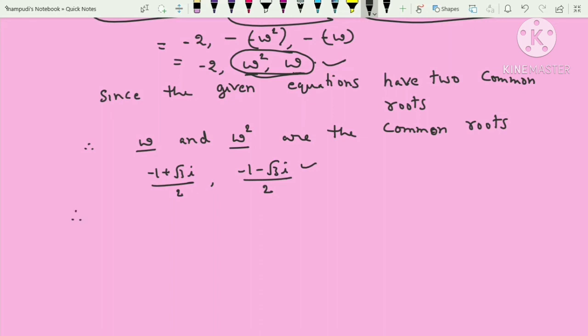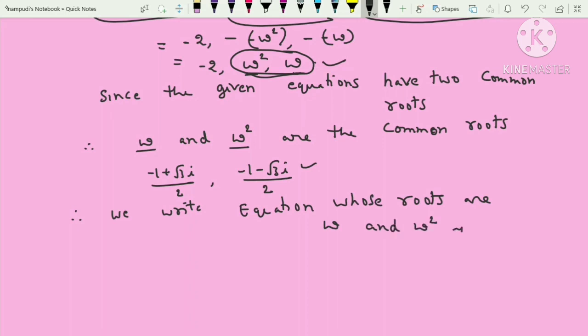So the equation whose roots are omega and omega square is x square plus x plus 1 equal to 0. Compare this with ax square plus bx plus c equal to 0.